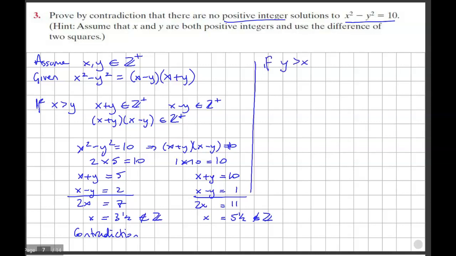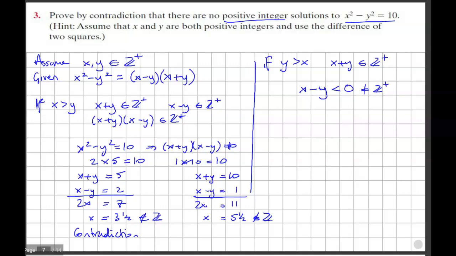The second scenario of y being greater than x is a little easier, because we can say that we're assuming that x and y are both positive integers, so therefore the sum of them is going to be a positive integer, but the subtraction of them, so x minus y, where y is greater than x, is going to be negative, therefore it's not a positive integer.